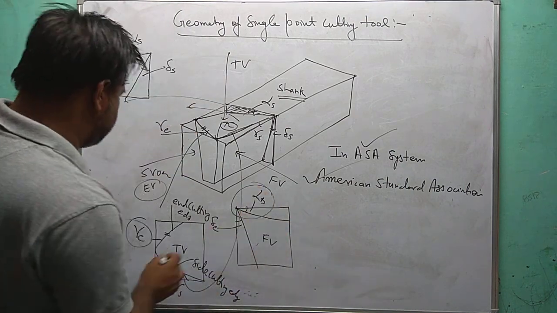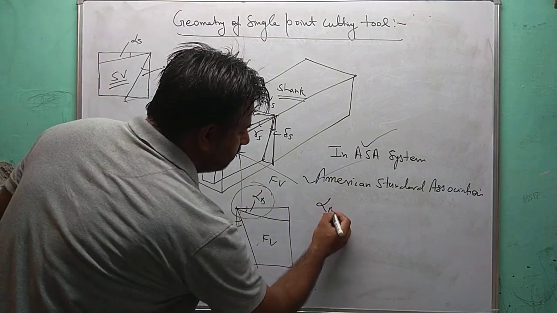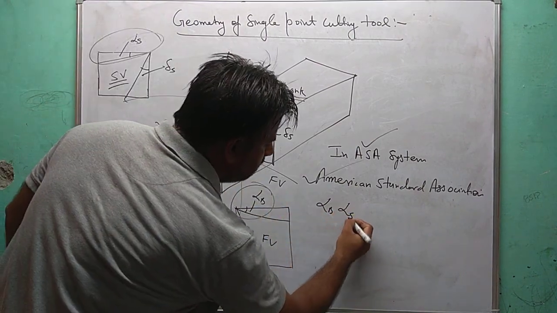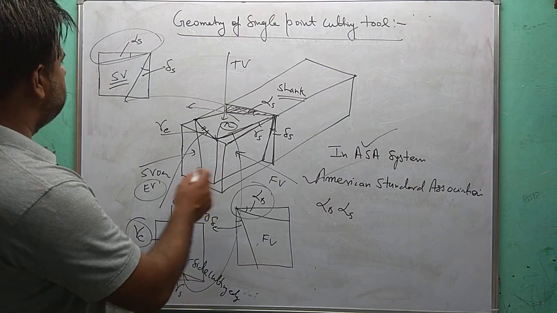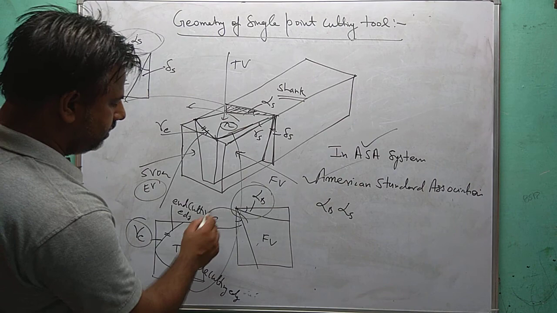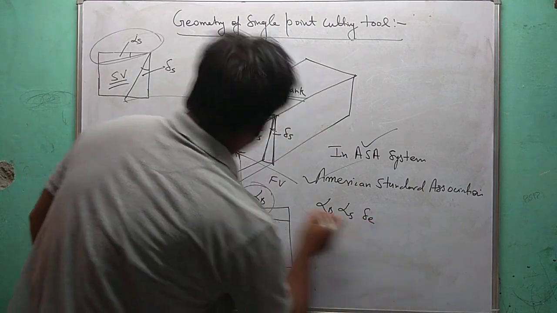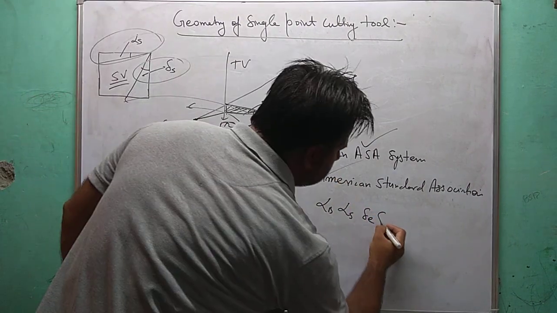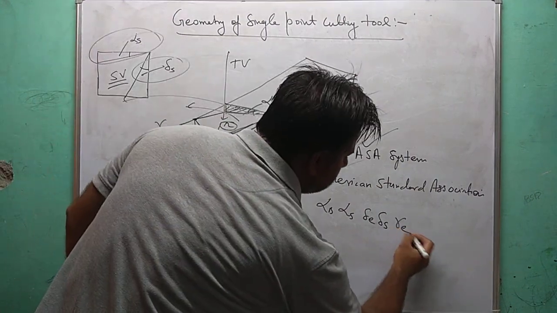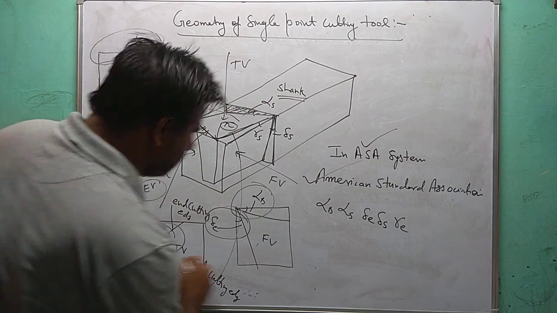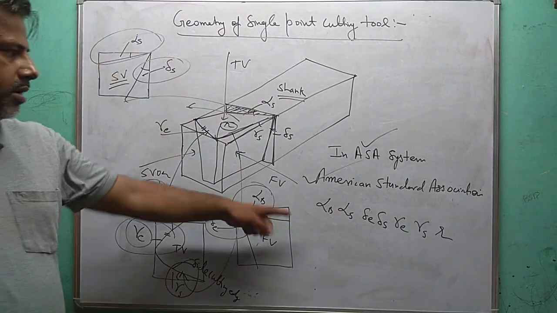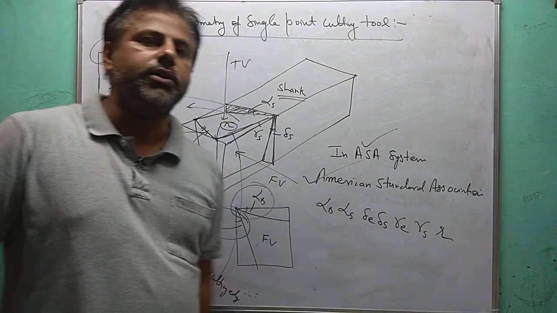First of all, you will write the back rake angle, then side rake angle, then end clearance angle, side clearance angle, and end cutting edge angle, and side cutting edge angle, and then nose radius. So this is the order of all angles including nose radius.